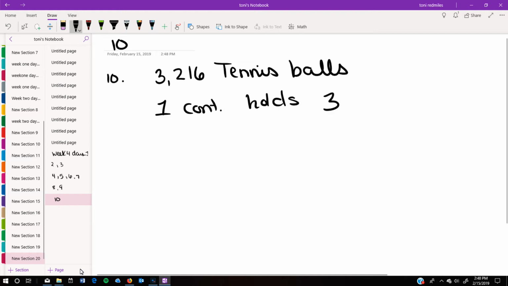How many tennis ball containers are needed daily? To find out, first I've got to write my equation. There are 2 ways I could write it. I could say 3,216 divided by 3 equals n, and n is how many are produced daily.